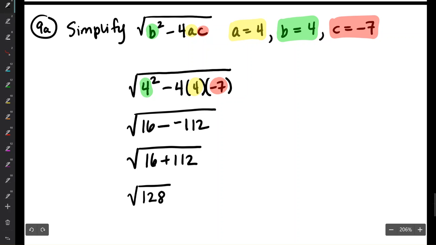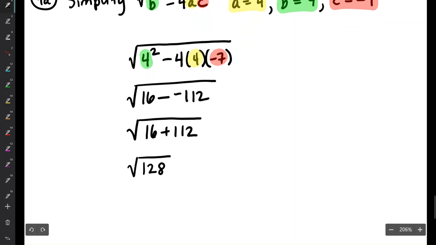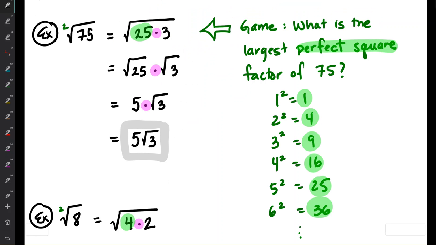And now I want to think about what perfect squares will divide in evenly to 128, right? So back here to our perfect square list, I'm looking for a perfect square that divides in evenly to 128.